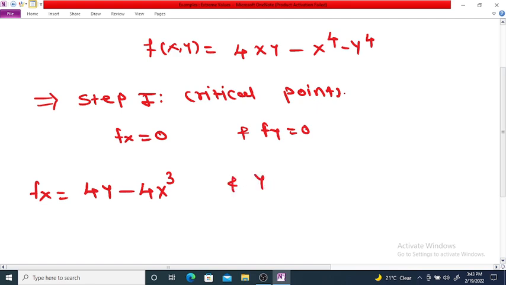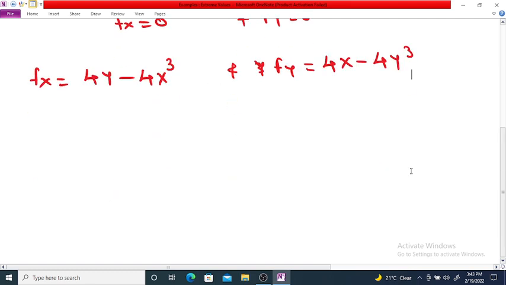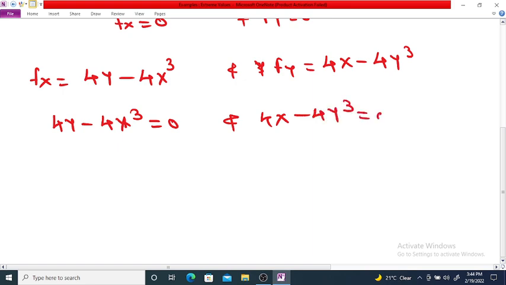When we take the partial derivative of f with respect to y, x is constant, so f of y is 4x minus 4y cube. So 4y minus 4x cube equal to 0 and 4x minus 4y cube equal to 0.